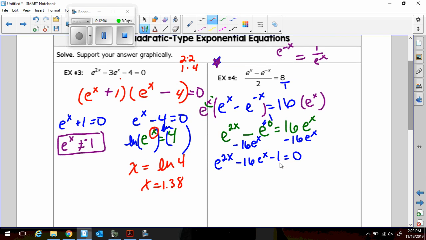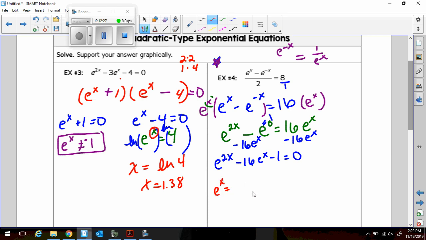But I don't know about you, but I don't know what factors of 1 will give us a difference of 16 or a sum of 16. That's not a thing. So what I'm going to have to do is see if there's any rational or imaginary solutions. What I'm going to do is use the quadratic formula. But this time, it's not x equals, it's e to the x equals.